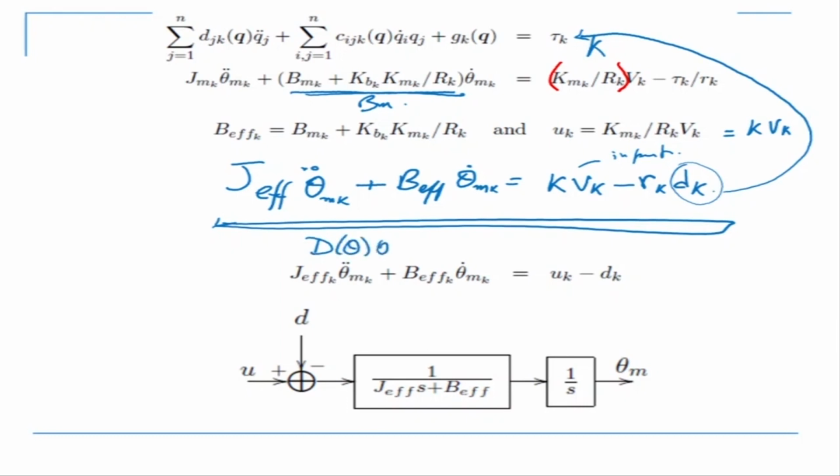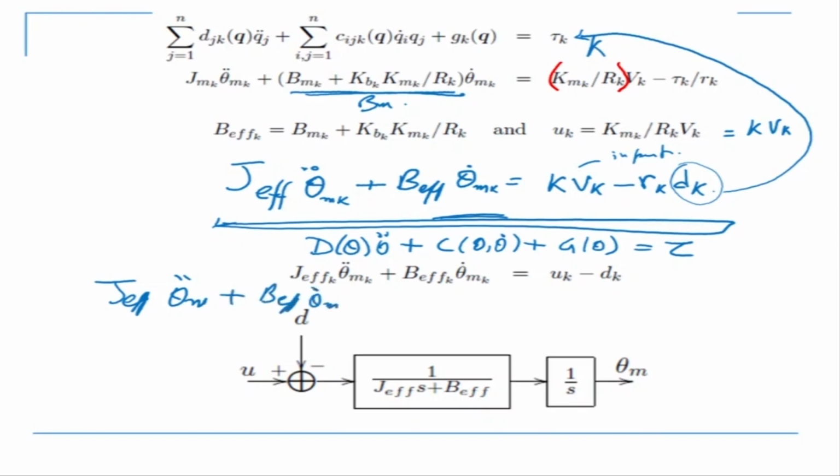The dynamic torque is d times theta double dot plus c times theta dot plus g times theta, which is equal to tau. If I write my full equation: J effective theta m double dot plus B effective theta m dot is equal to K times Vk, where Vk can be a PD controller or a PID controller, minus R times tau L. What is tau L?